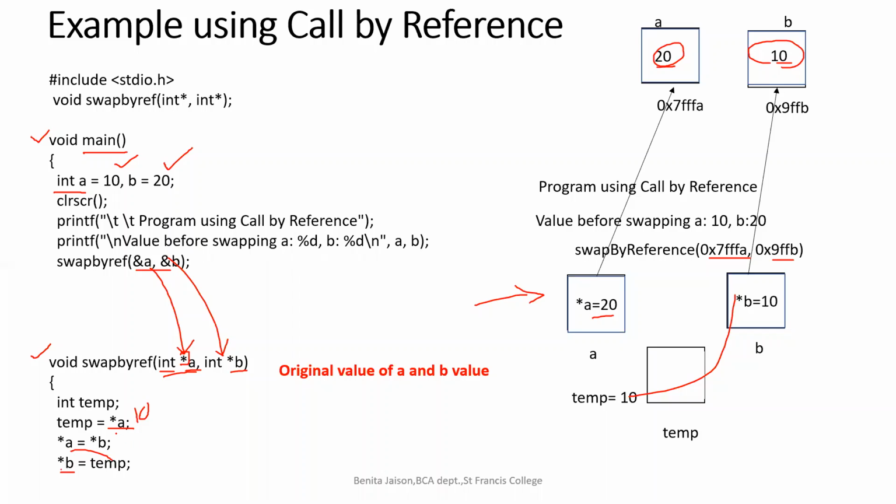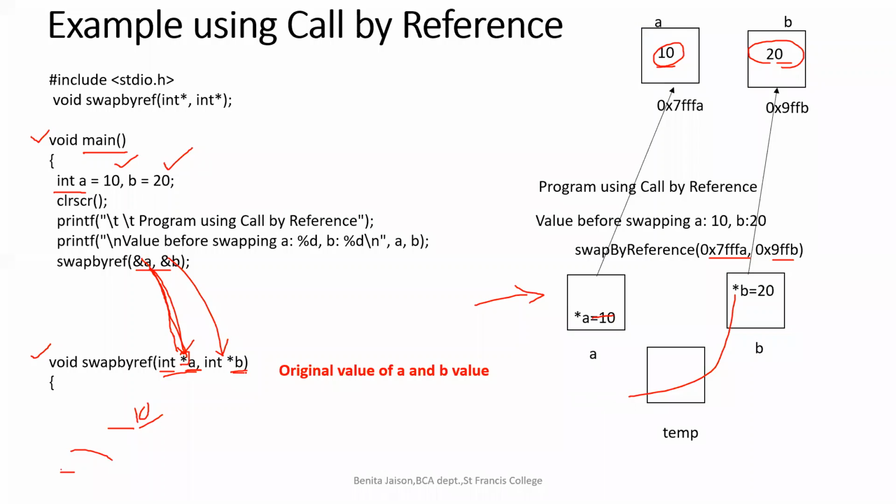Okay. So we are using the dereferencing operator in order to swap the values at the address location. Here only the address part will be coming over here, right? We are sending the address, we are assigning the address to the variables called A and B. Understood? That's why I showed that animation.